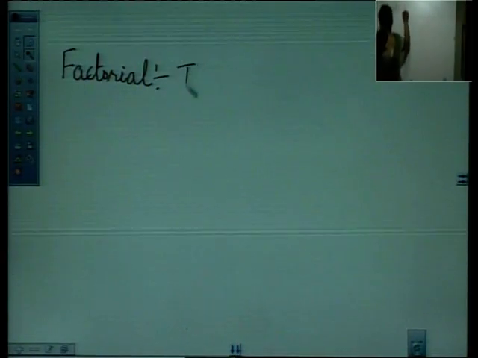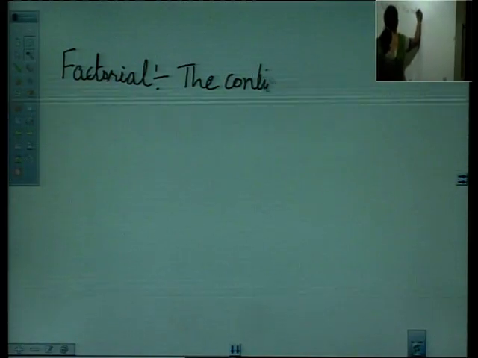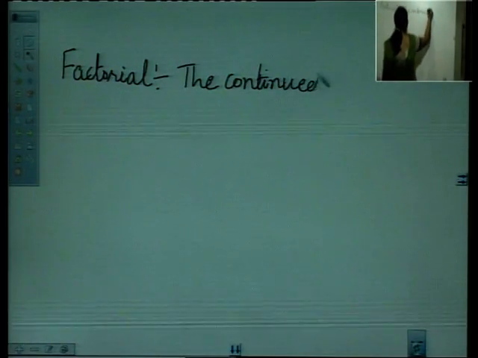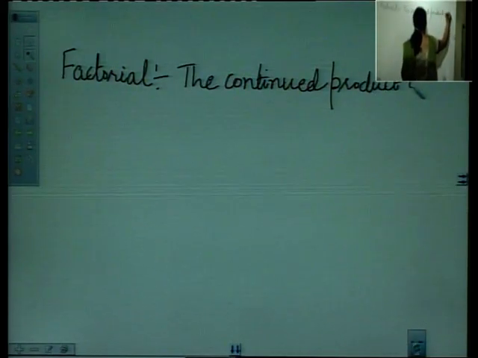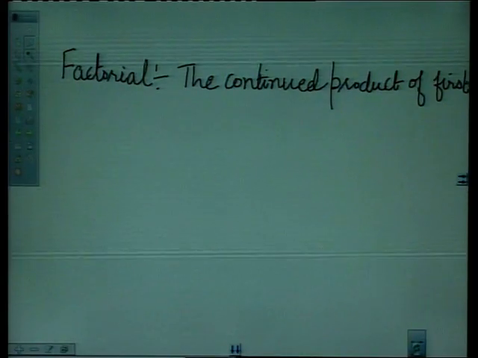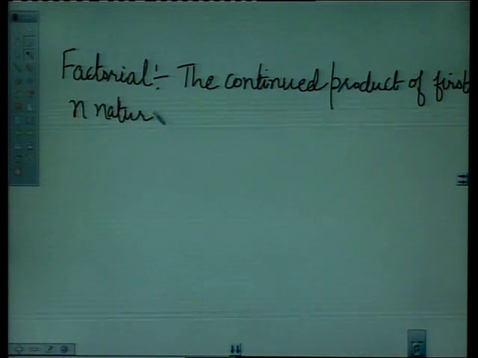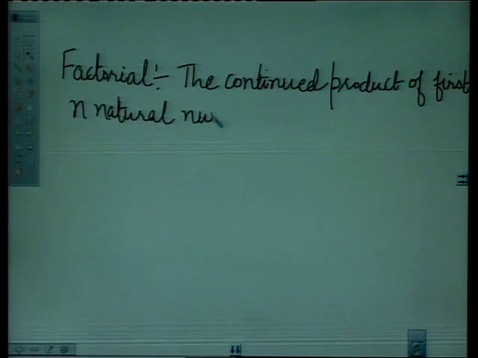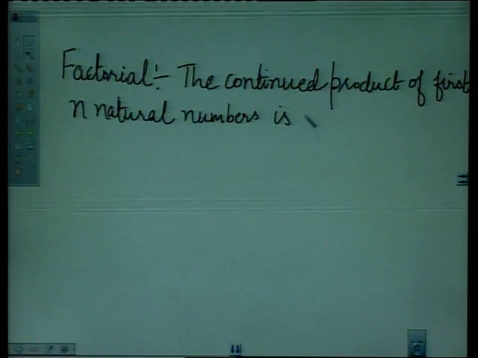The continued product of first n natural numbers is called factorial n.